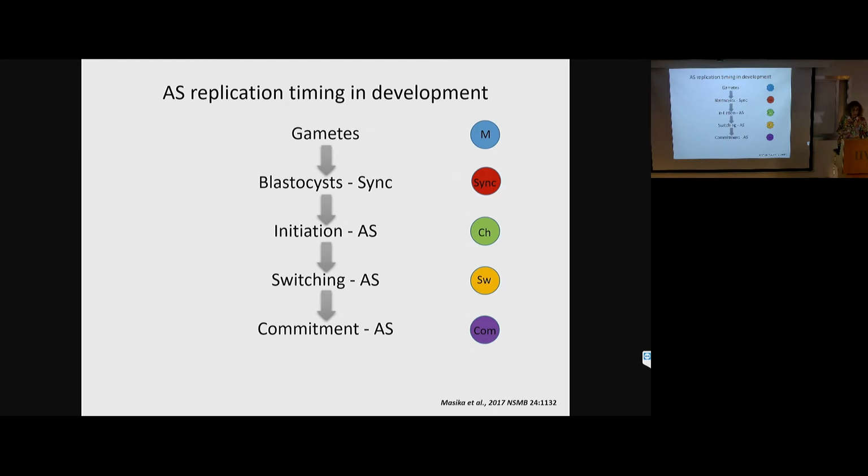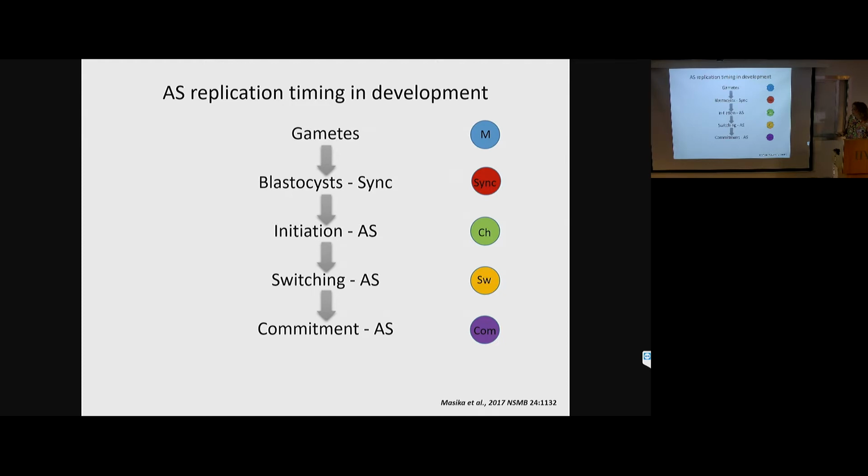So this is a summary of the decision points during the asynchronous process. So we start with the gametes, and we think that the marking of the chromosome, which one replicates early and which replicates late, occurs in the gametes. Then we have the blastocyst cells, in which I showed you that they replicate synchronously.